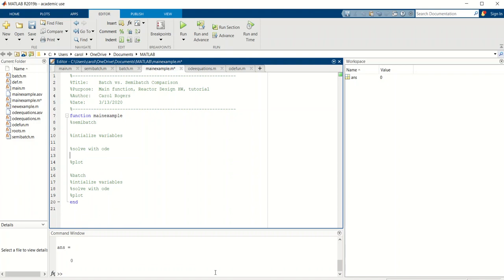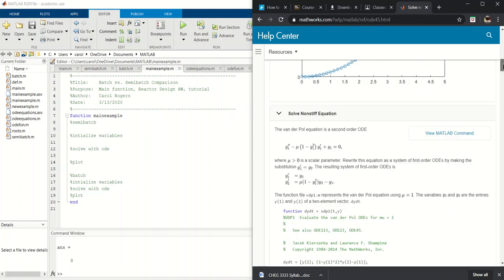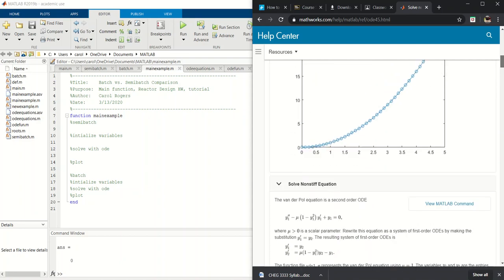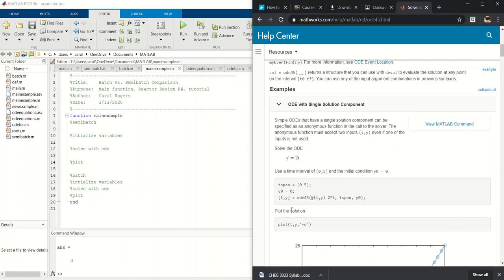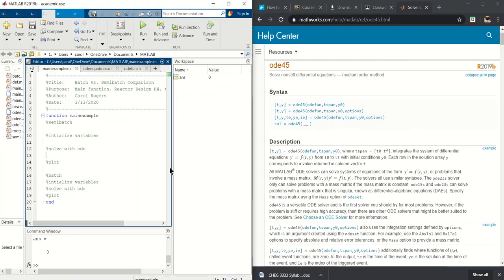So if you go back to the documentation, the way you use ODE solver here, it's going to be the time and your outputs equals ODE 45 at your function, the time span, and then your initial concentrations right there. This is the one we're using actually. So let me separate these out so we can look at them at the same time.